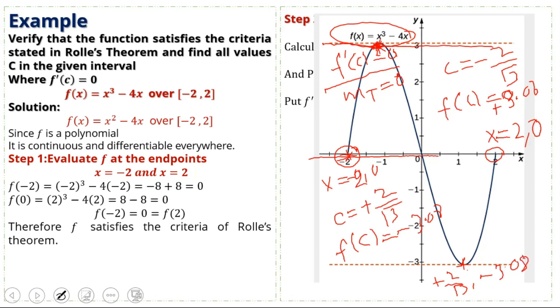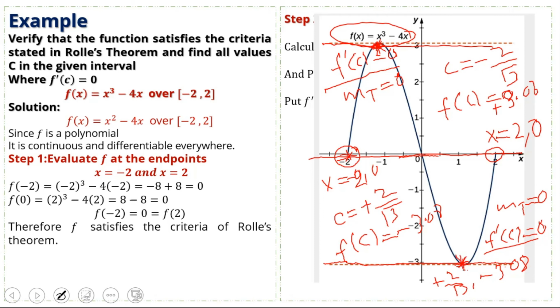At this point the derivative of the function is 0, and the first derivative being 0 means the slope of the tangent line is 0. When the slope of the tangent line is 0, it means this tangent line is parallel to the x-axis, and at this point we have the absolute minimum.